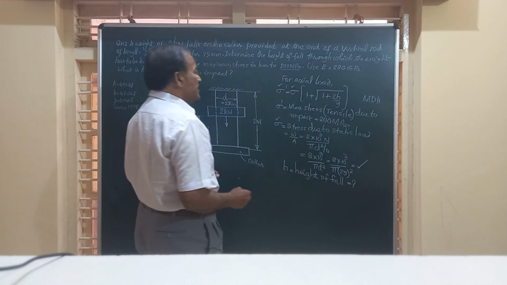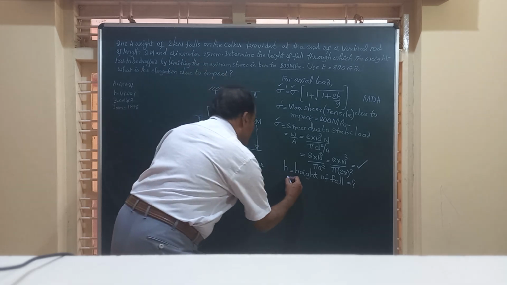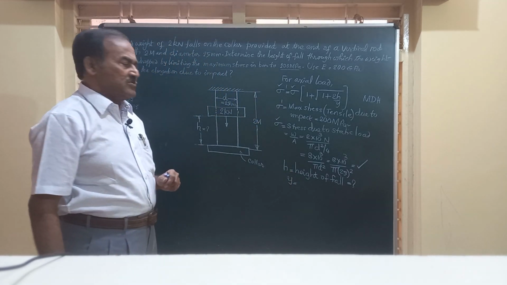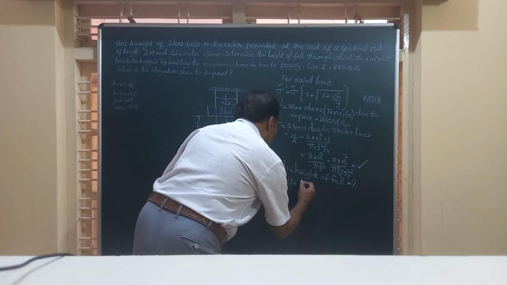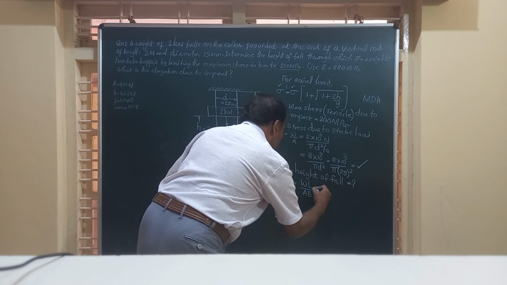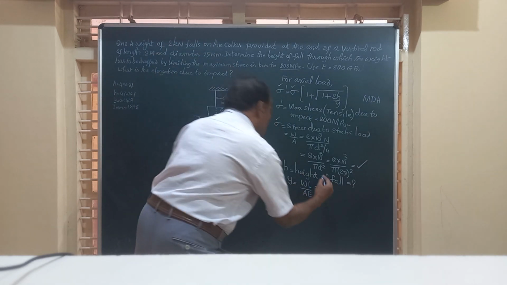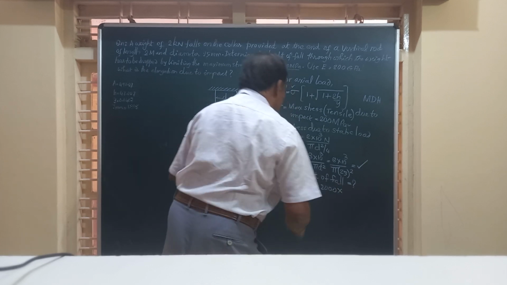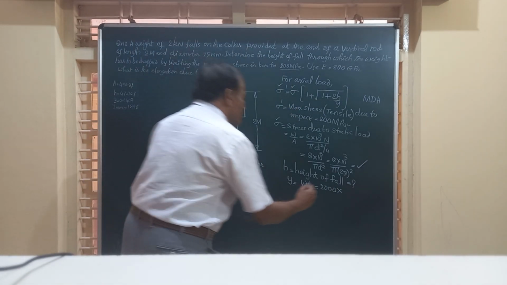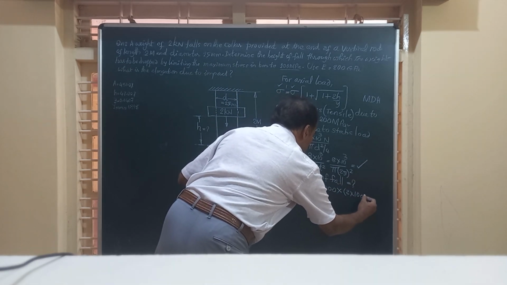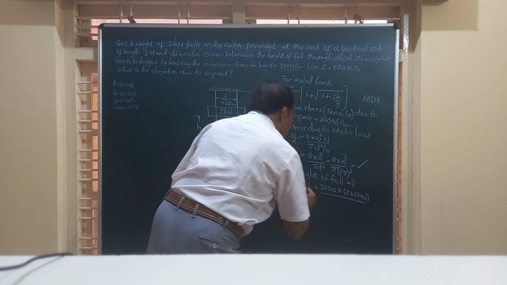And this y is the deflection due to static load. So friends, we have got the formula y is equal to WL by AE. Friends, W is the load that is being dropped, that is 2000 Newton, and L is the length, that is 2 meter, 2 into 1000 mm, divided by area of cross section.